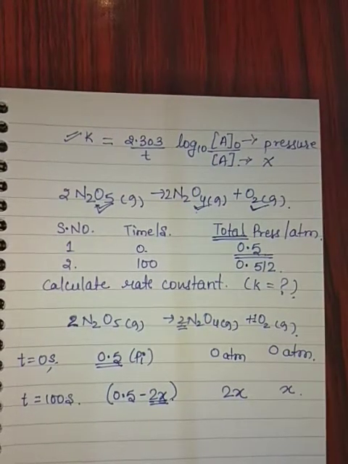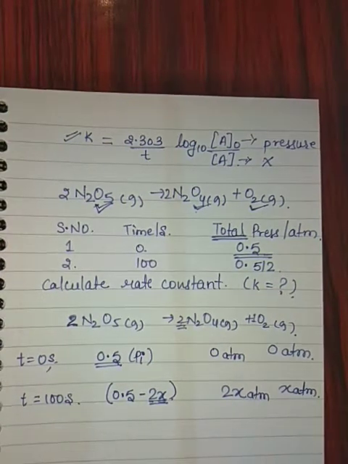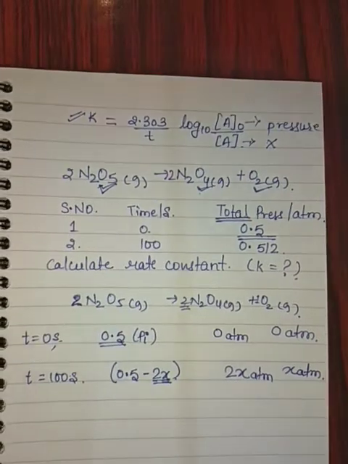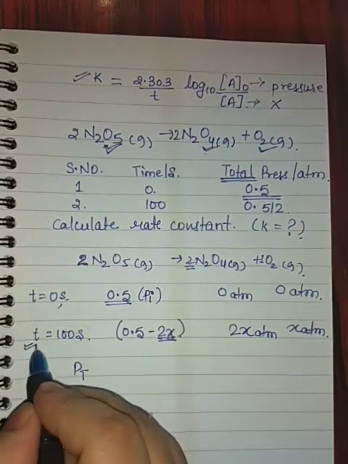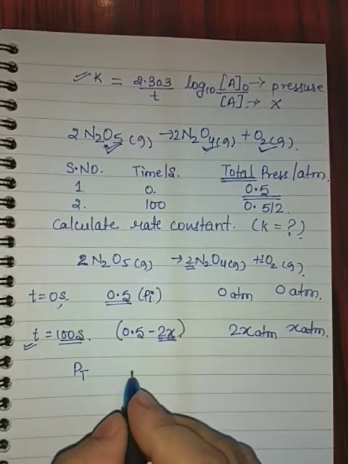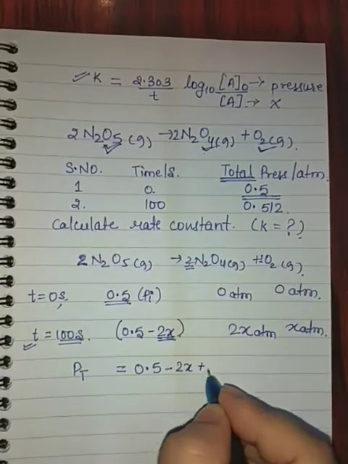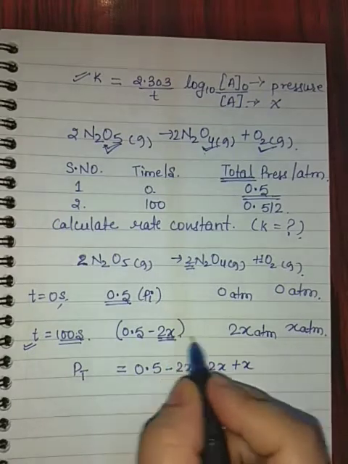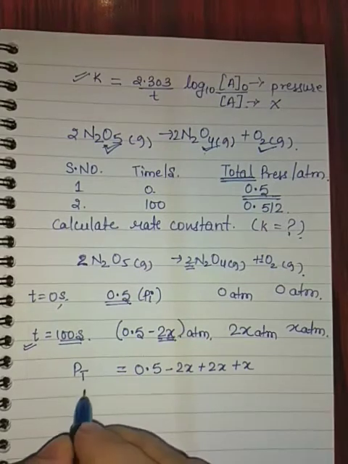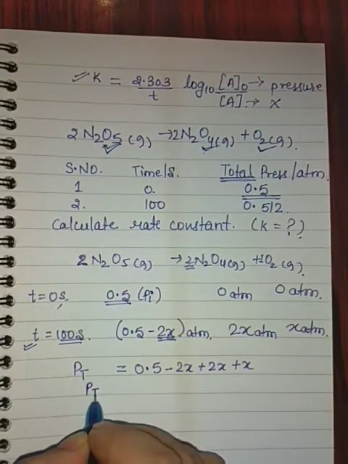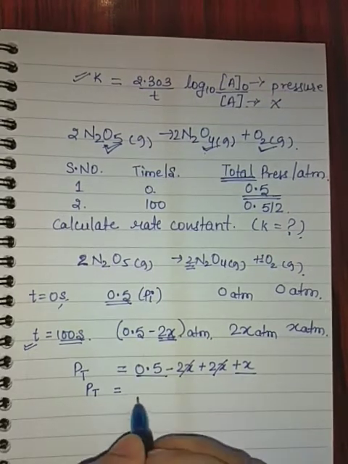So now this is 2x atmosphere, this is x atmosphere. Total pressure from this equation at 100 seconds is equal to what? 0.5 minus 2x plus 2x plus x. You add all the pressures together. So Pt is equal to, 2x and 2x get cancelled, 0.5 plus x.